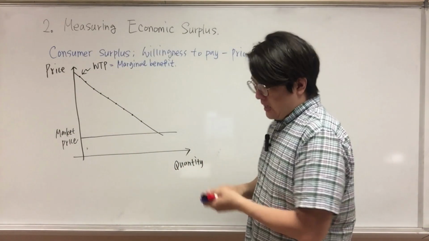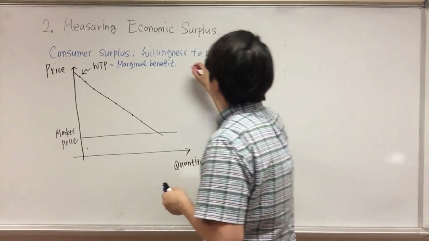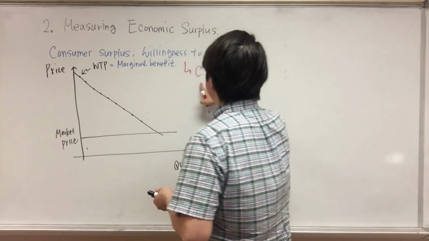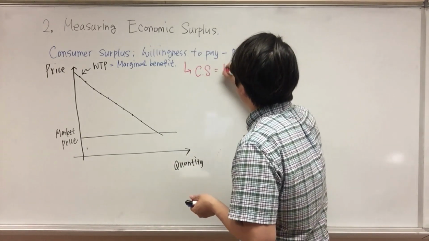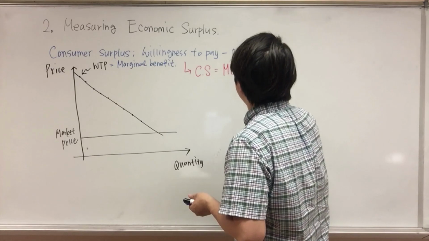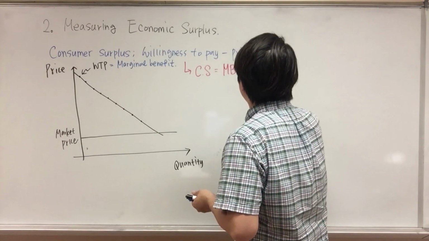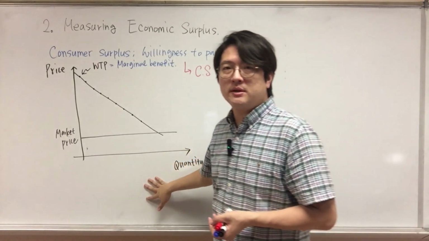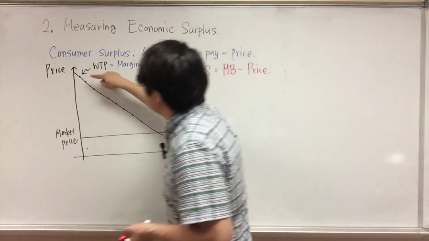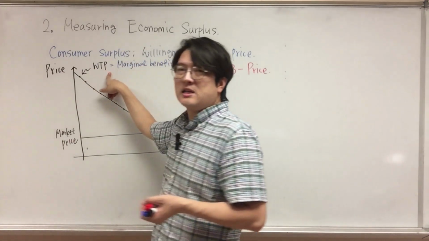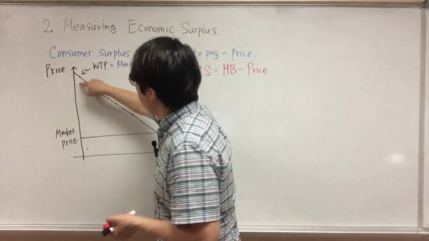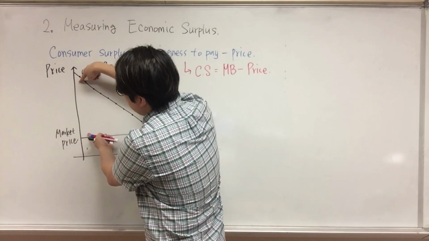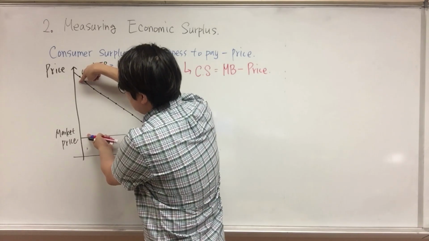The consumer surplus, which I will express as CS, is your marginal benefit minus the market price, right? Let's think about this graph. Each point is your willingness to pay at each price, and this gap for one unit is your consumer surplus.